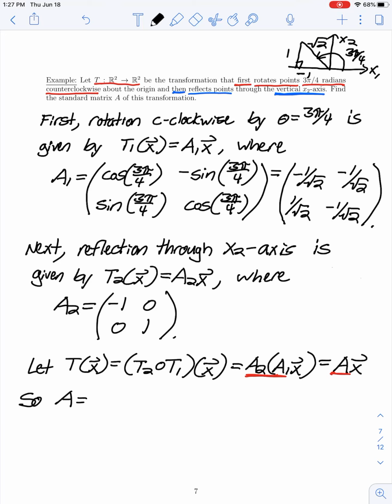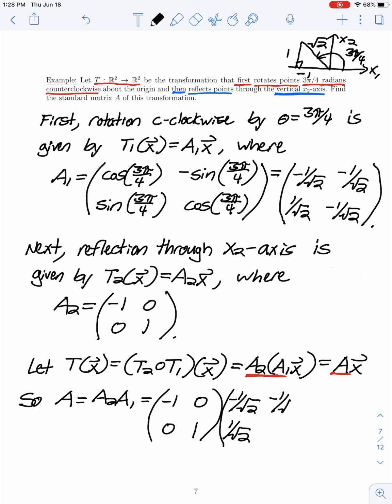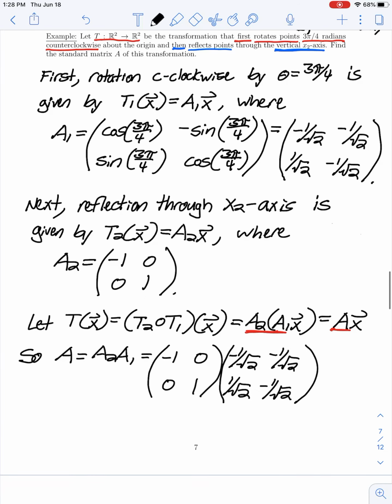So here A is A2 times A1, where A2 was negative 1, 0, 0, 1, times A1, which was negative 1 over root 2, 1 over root 2, negative 1 over root 2, negative 1 over root 2. So let's see what this leaves us.